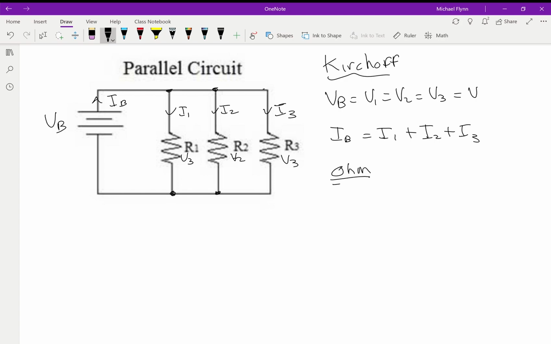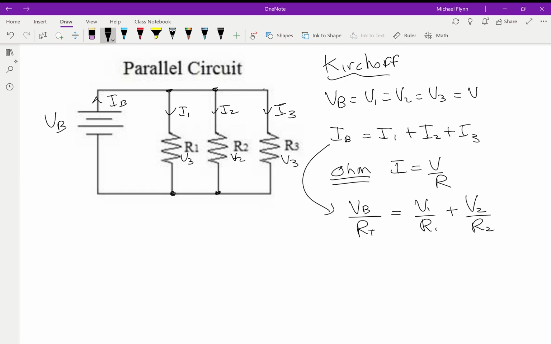It's the same as I did before, but this time I'm going to solve it for current. I equals V over R. So, taking this equation and rewriting it, VB over R total, the total resistance, would equal V1 over R1 plus V2 over R2 plus V3 over R3.